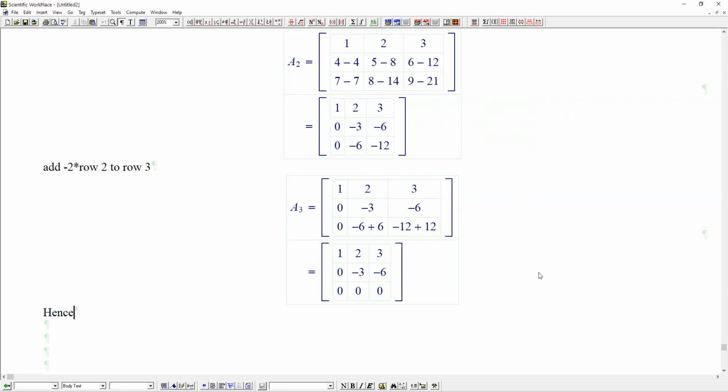Hence, the last row was indeed collinear, dependent, with the two others.